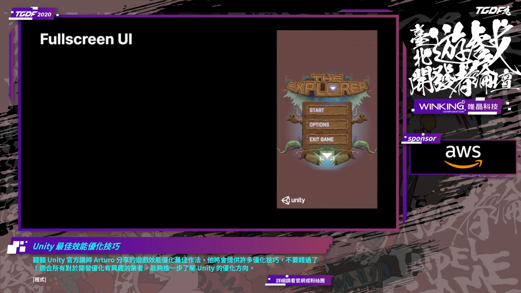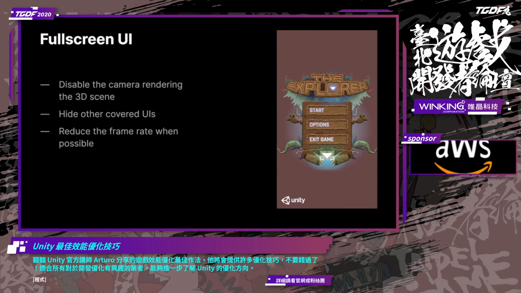So the recommendations here are simple, just to save CPU and GPU. One is to disable the camera rendering the 3D scene. So if nothing is going to be visible, just disable that camera. Hide other covered UIs. If possible, disable the canvas component, not the game object itself.